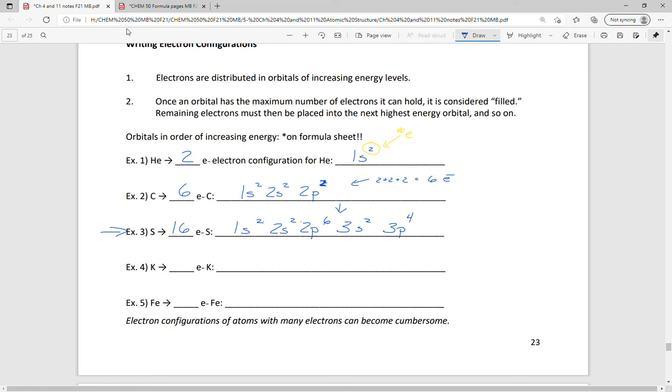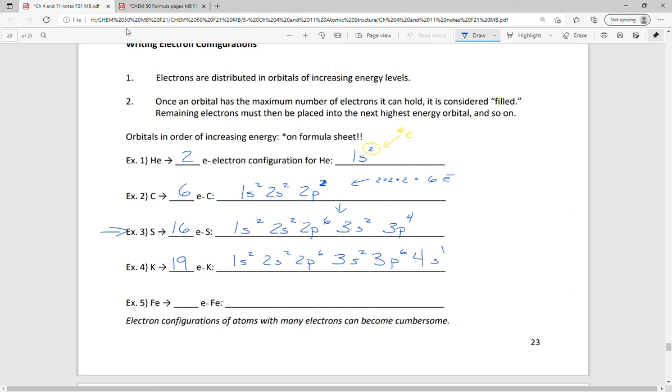Let's take a look at potassium. Potassium has 19 to place. So I'd start off the same as the others, 1s2, 2s2, 2p6, and I'm now at 10, right? If I keep going, I have 3s2, so I'm at 12, and then I'd have 3p6 and 4s1.